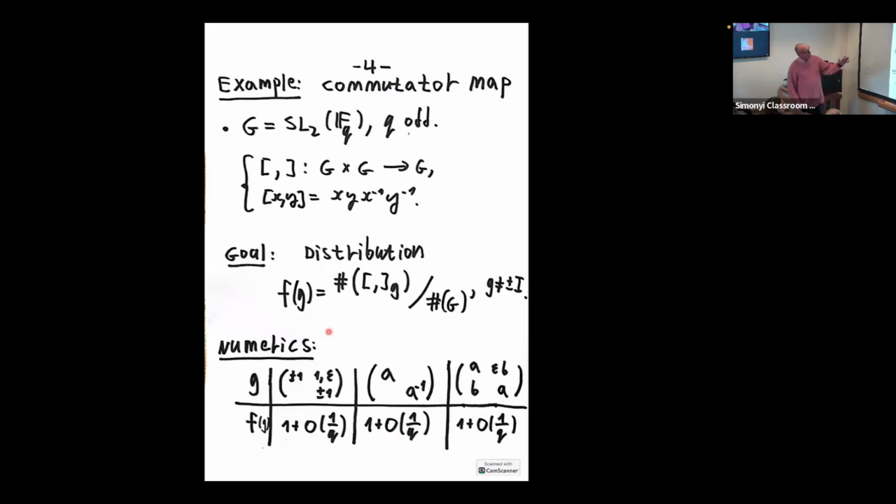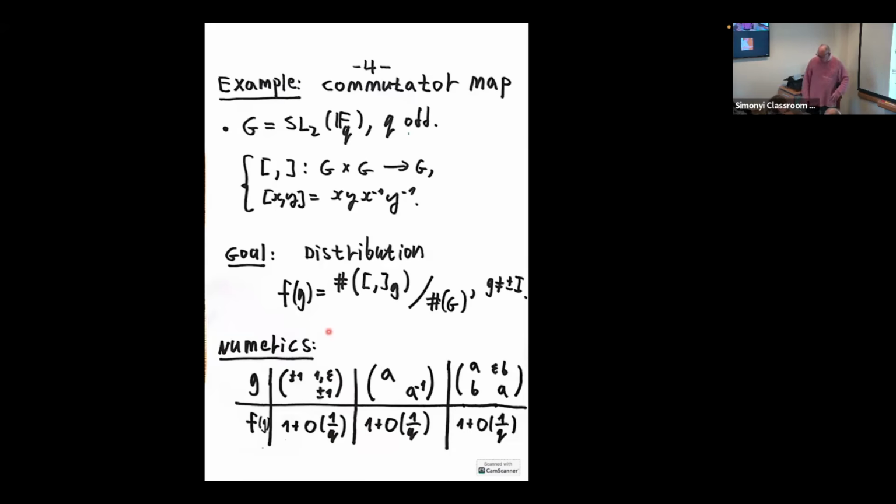So all the time I will move away from the center of SL2, which is plus minus 1. So let me write this notation for the fiber over g of the commutator map, all the pairs XY that produce this element g, and count the number of elements. This is a map from G times G to G. So it's natural to divide it by the number of elements in G.